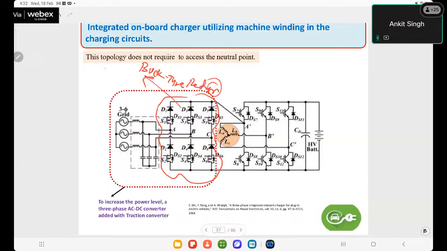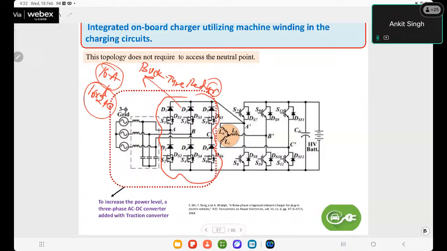We can draw a maximum of 16 ampere current, which is available in every household power switch. So 16 into 240 is around 3.2 to 3.3 kilowatt that we can take from the single phase supply.